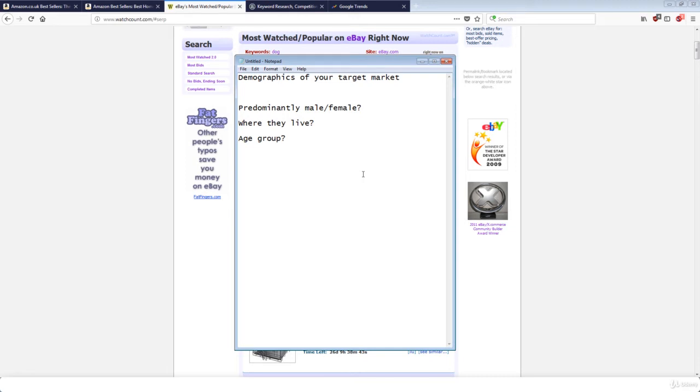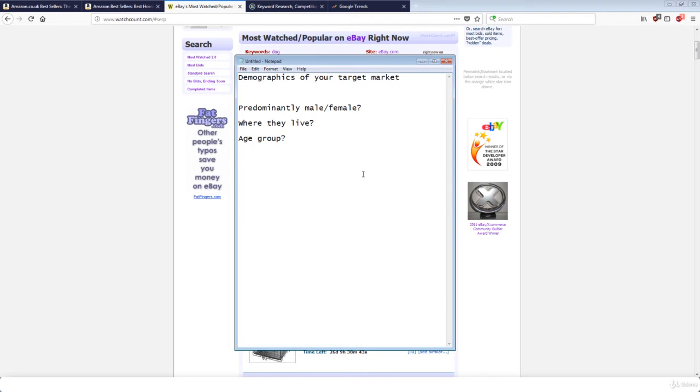So most gamers would be under 30, and we don't want to target under 18s, obviously, because they don't usually have credit cards. But we want to think about, okay, 18 to 30, male, is probably the main target audience for gaming chairs. That's what I would say in my head without even doing any other research.